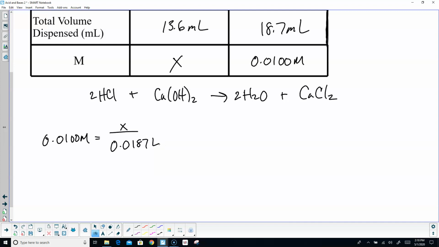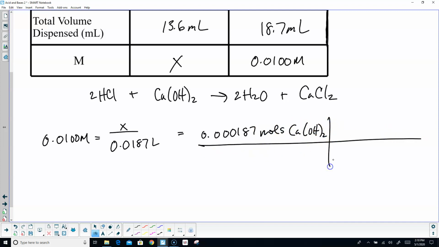Okay, now all I have to do is I cross multiply. And so if I take 0.0187 times 0.01, this turns this into 0.000187. And this is going to be moles of calcium hydroxide.